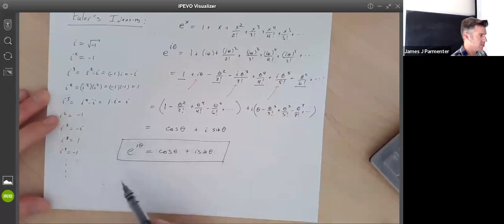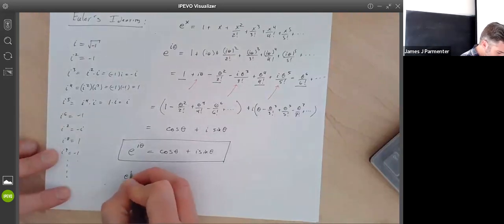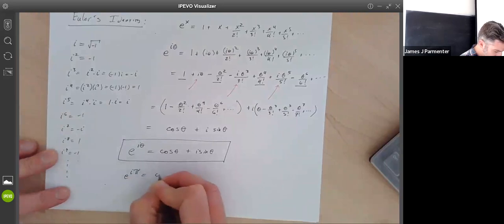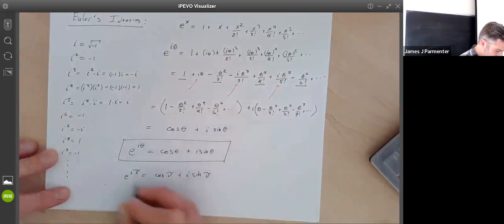This formula leads to what's considered one of the most beautiful formulas in math. I don't know if I really agree, but it's a cool formula because it gives you 5 of the most important numbers. You've probably heard of it before. I would start it this way: e to the I pi equals cosine of pi plus I times sine of pi.